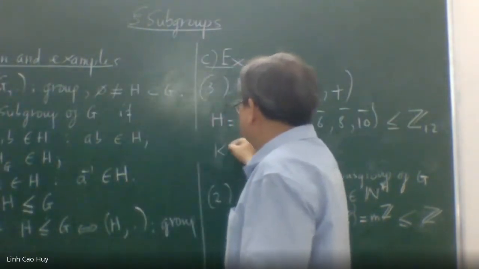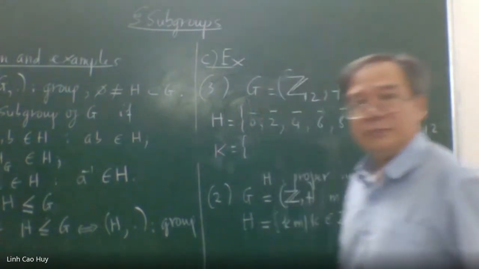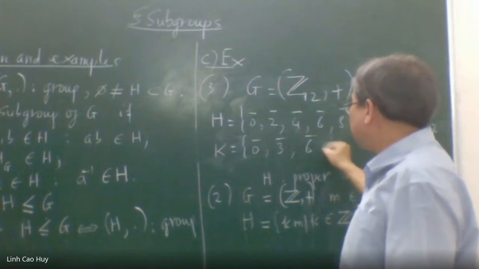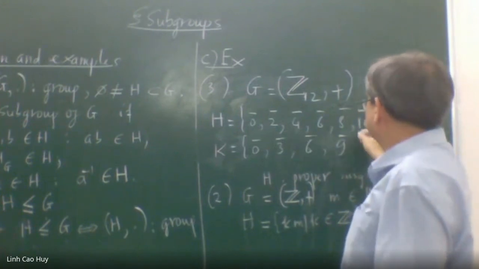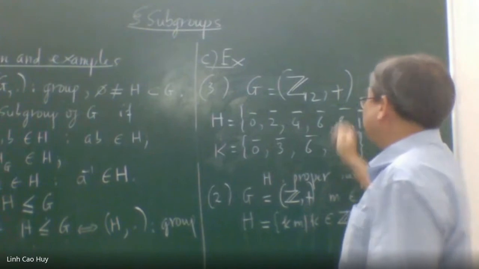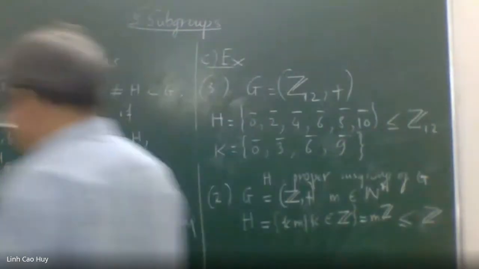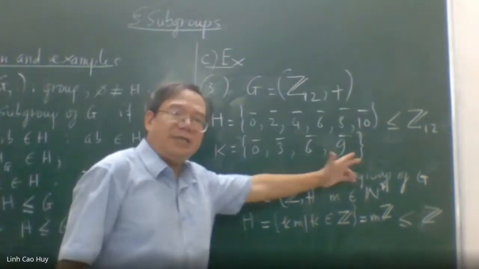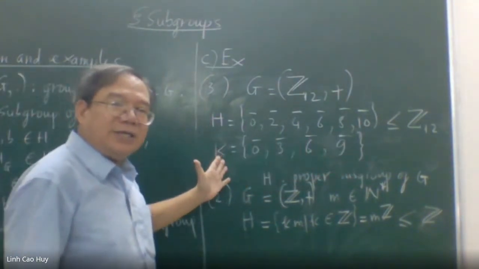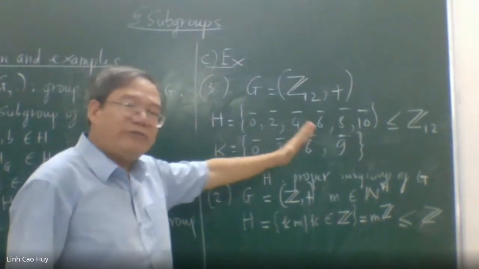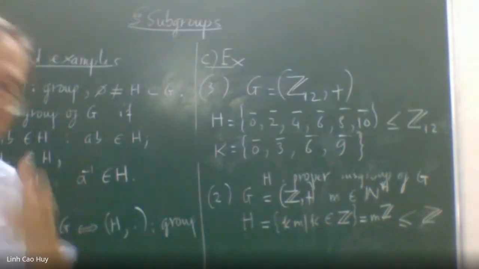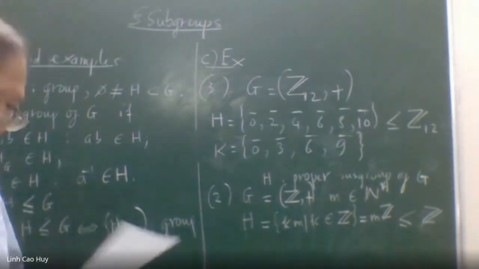Another one, maybe we take the subset K: 0, 3, 6, 9. This subset has 4 elements. Someone tell me, is K a subgroup of Z12 or not?